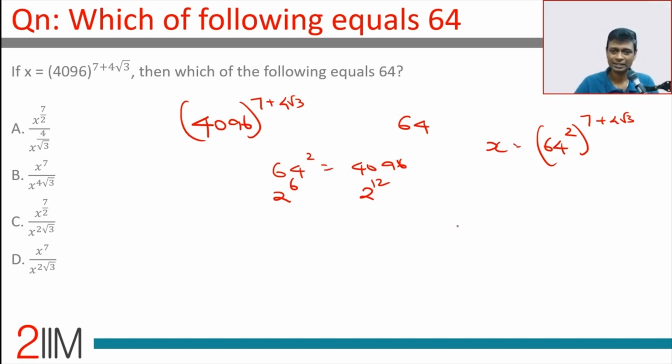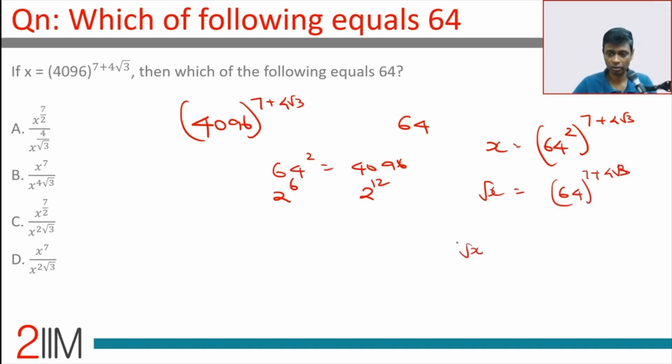Fine. The second thing, which of the following equals 64? So we still don't know how to get to 64 from here. And so we can say square root of x is 64 to the power 7 plus 4 root 3.